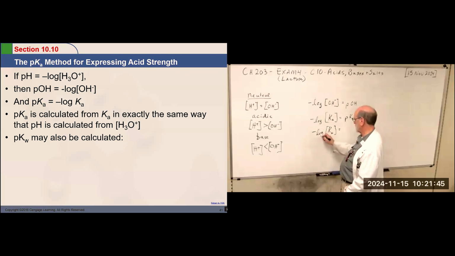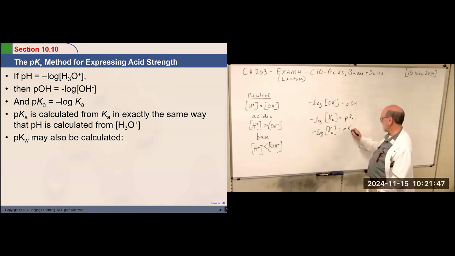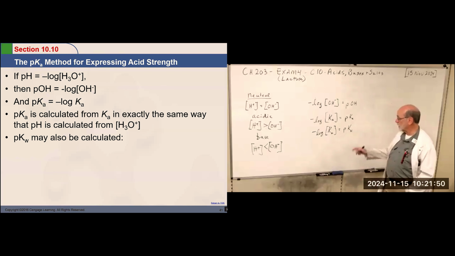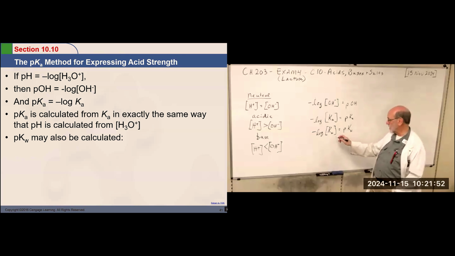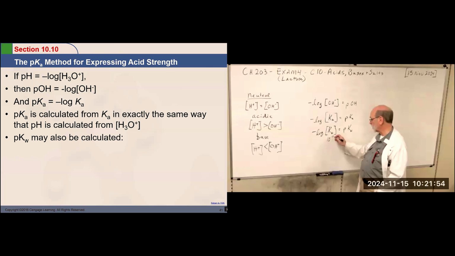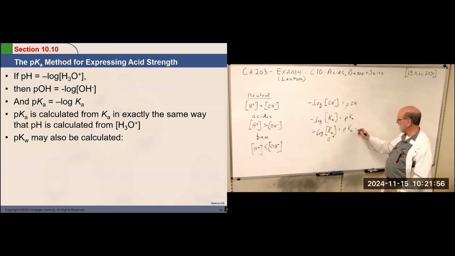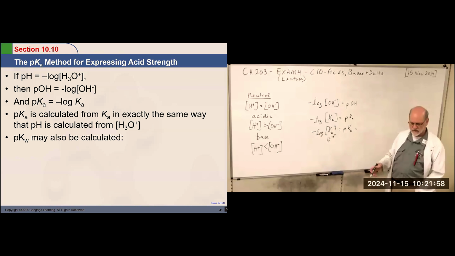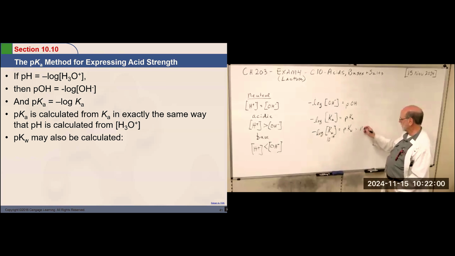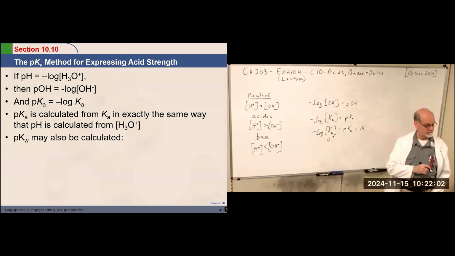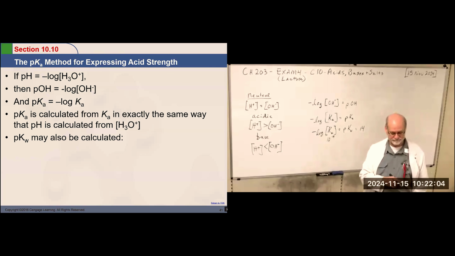Negative log of that one. That would be pKw. Now we know what that one is because this is supposed to be 10 to the minus 14. So pKw at 24 degrees Celsius would be 14, right? Okay.